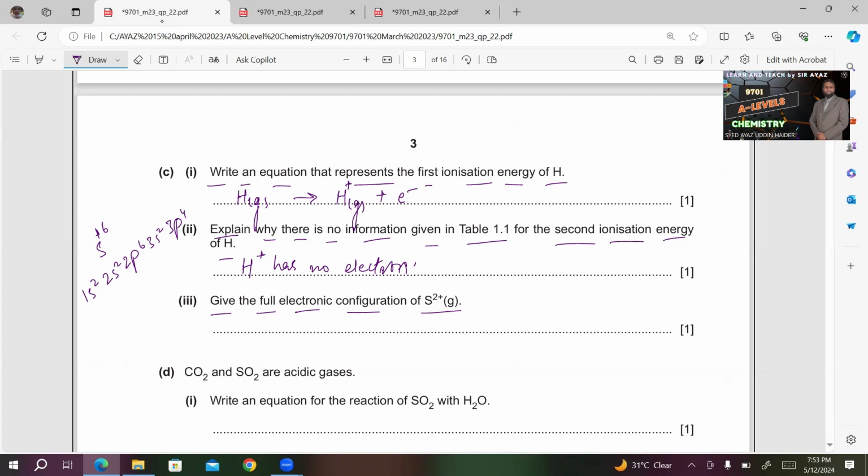After losing 2 electrons, it will be left with 2 electrons in the p suborbital. So for S2+, I will write 1s2, 2s2, 2p6, 3s2, 3p2.